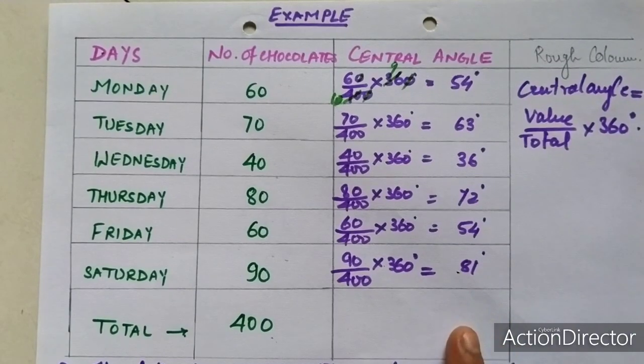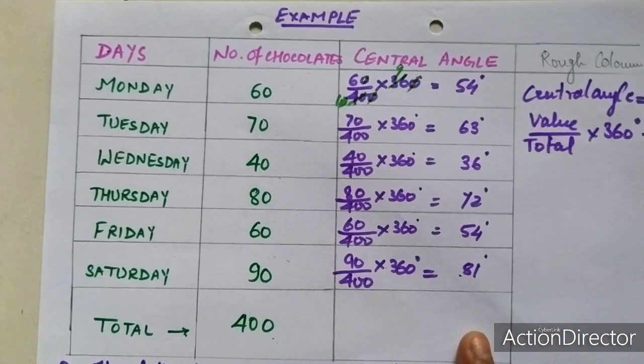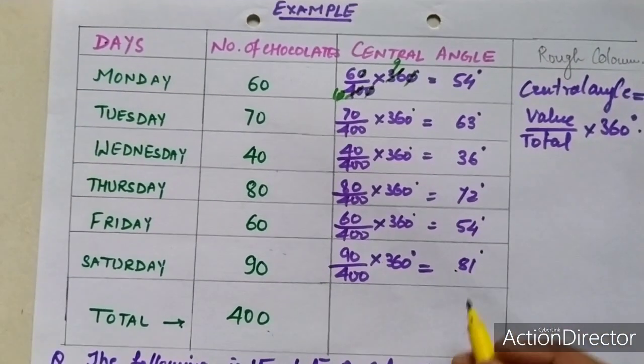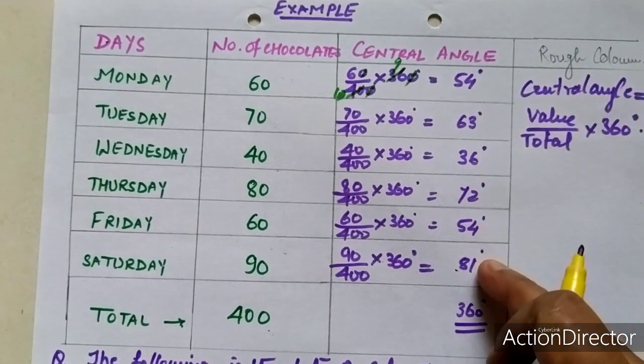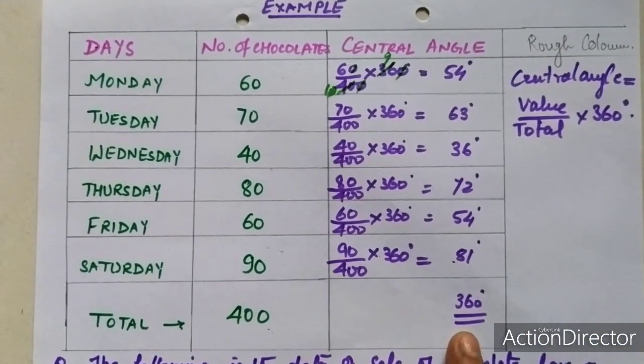If it is not 360 degrees, it means some calculation is wrong, so check it again. Here the addition of all these angles is equal to 360 degrees. Once again, to verify, add all these angles and check whether it is 360 or not. If it is not 360, check your calculation once again.